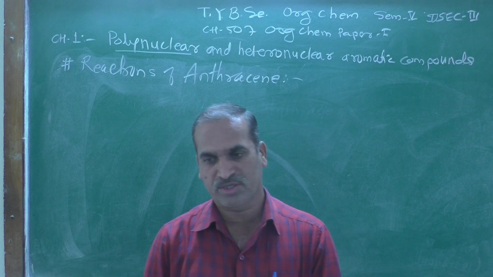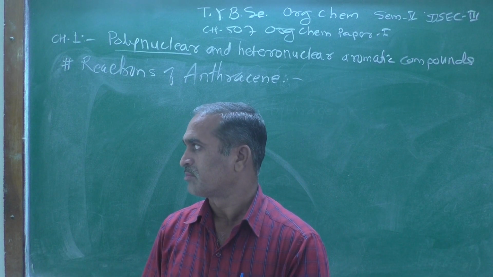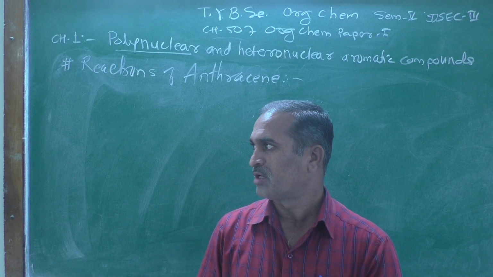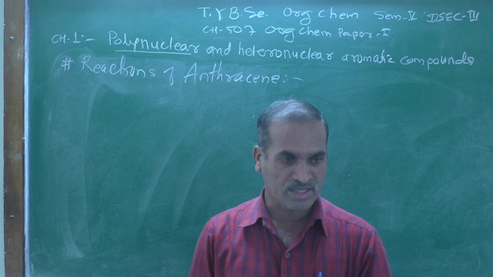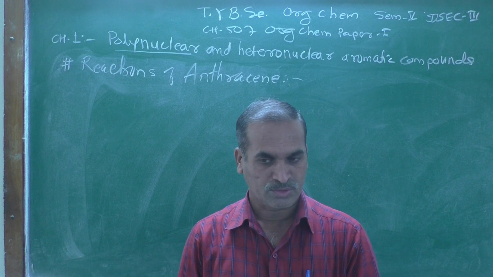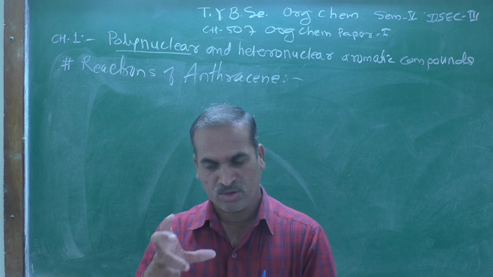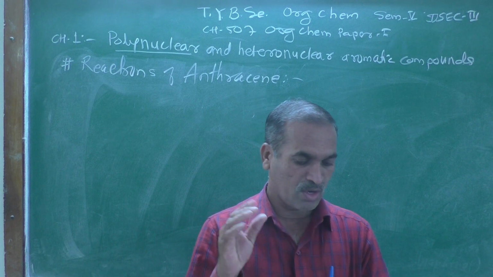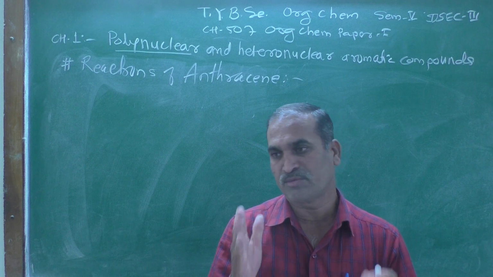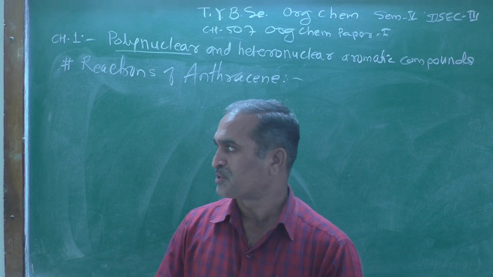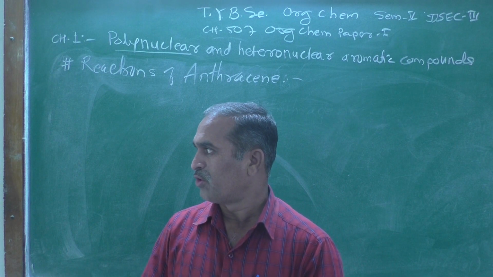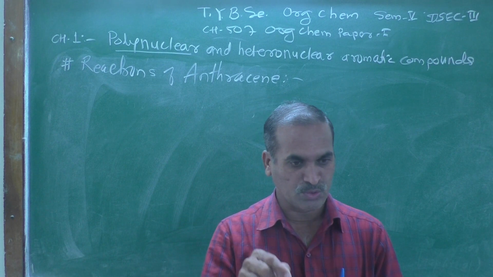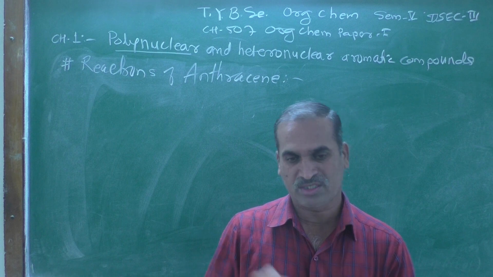4+2 cycloaddition reaction, in photochemistry or in pericyclic reactions, you might have heard of these 4+2 cycloadditions. Cycloaddition reaction means two substrates. 4 means a diene system and 2 means an enone system.